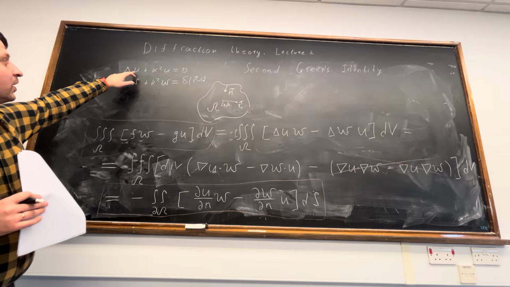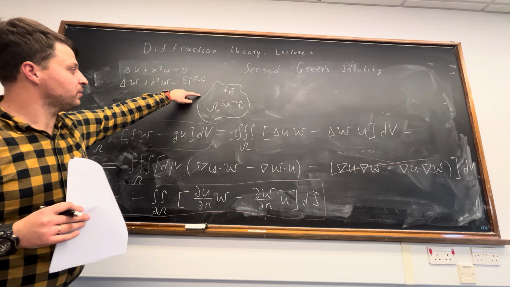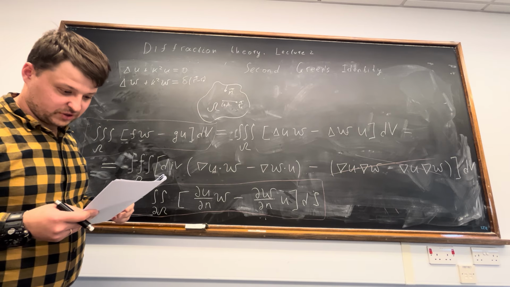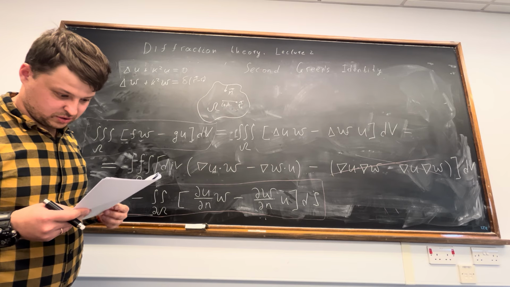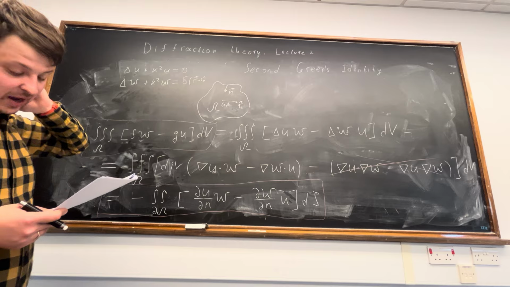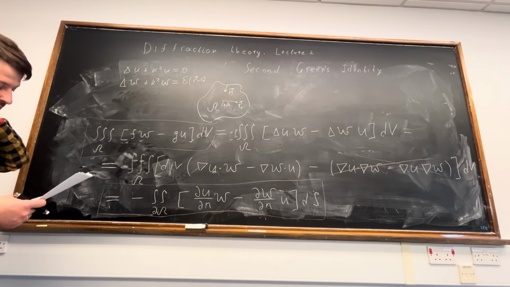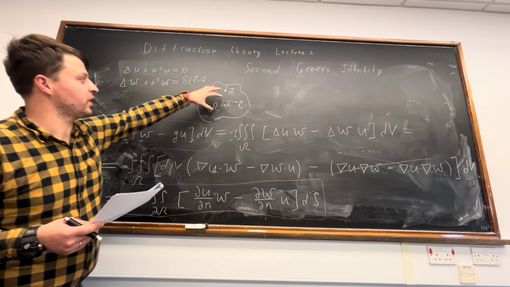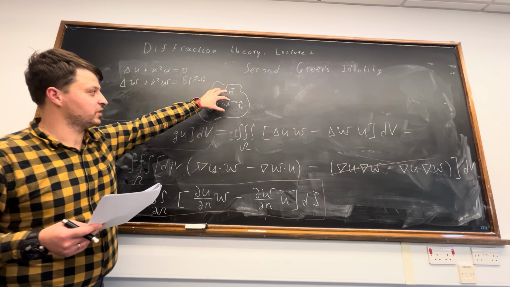So this field satisfies, I don't know which conditions I take. Yeah, it doesn't matter. Okay, this thing just satisfies Helmholtz equation inside, and this is a free Green's function.